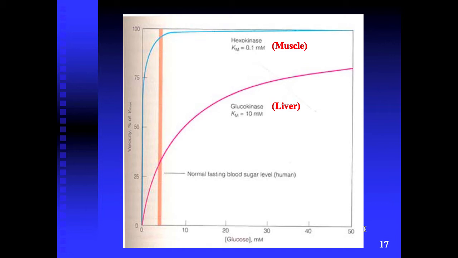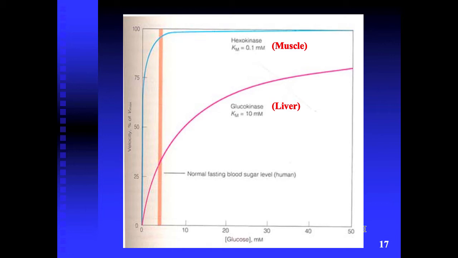Even after a meal, when blood glucose goes up significantly, how fast is glucokinase working relative to its Vmax? Half. Even as blood glucose goes up to that high level, glucokinase is nowhere near saturated. It can continue to make glucose 6-phosphate without being inhibited. It's not really falling off at all yet.